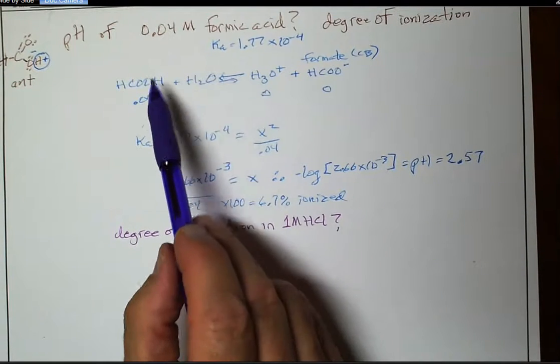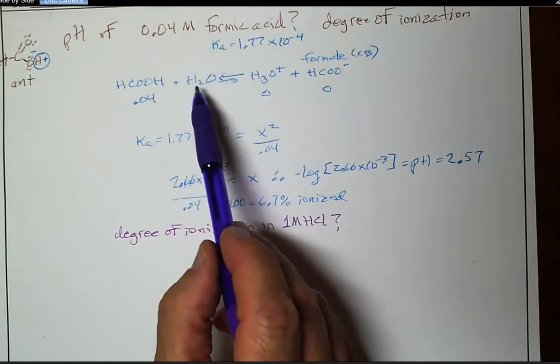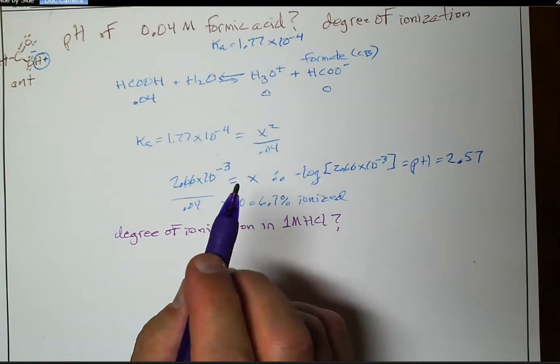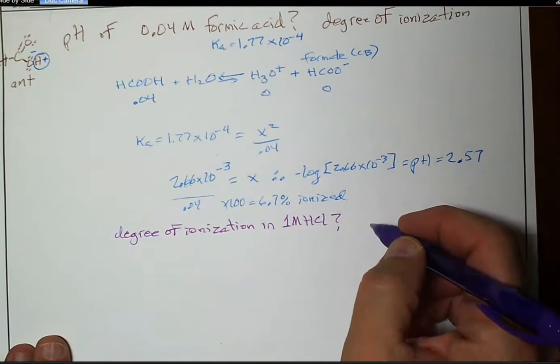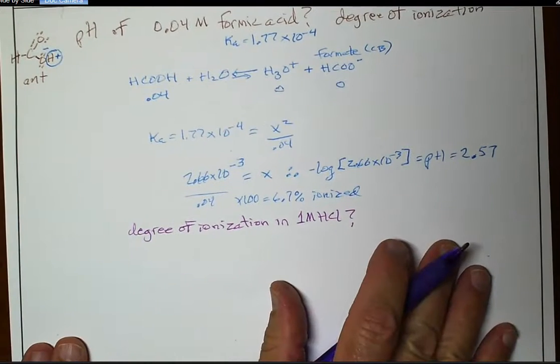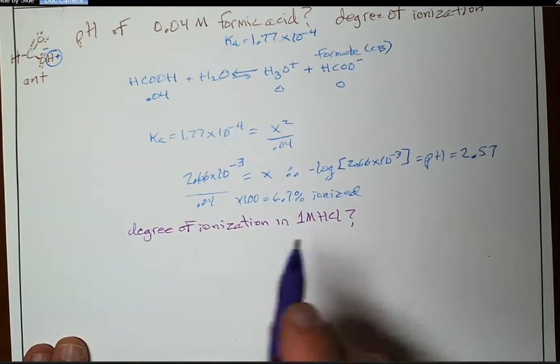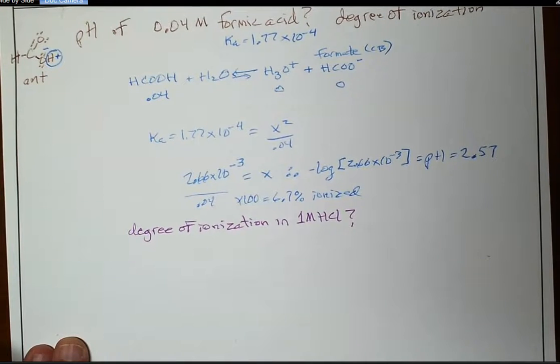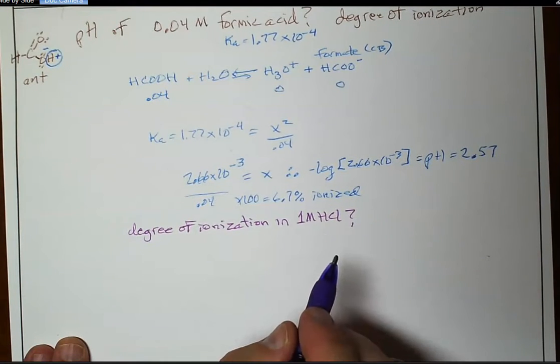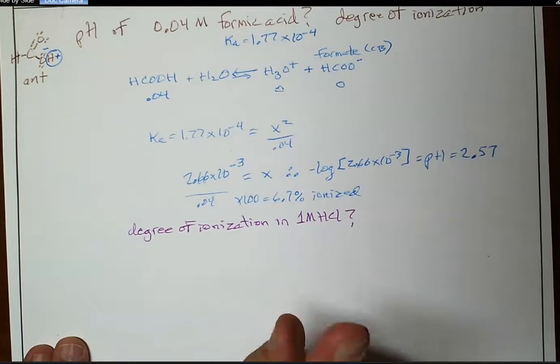Instead of putting this in just water, let's put it into hydrochloric acid. So now, what do we know about hydrochloric acid? First thing I want you to say is it's a strong acid. And since hydrochloric is a strong acid, what do you know about it?